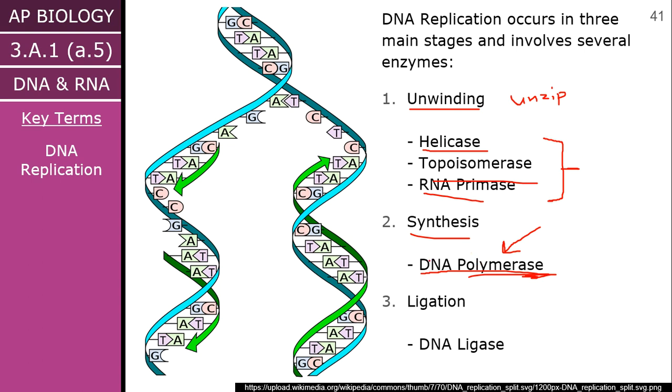And so if I look at the name, it's probably going to be responsible for chaining together, you guessed it, DNA. Okay. And then our final stage is ligation, and that's going to be done by an enzyme called DNA ligase. So the nice thing is sometimes we get really lazy with our naming, and so we can just name the enzyme after exactly what it does.